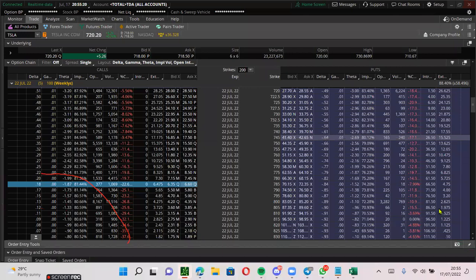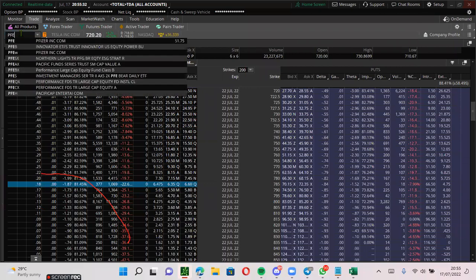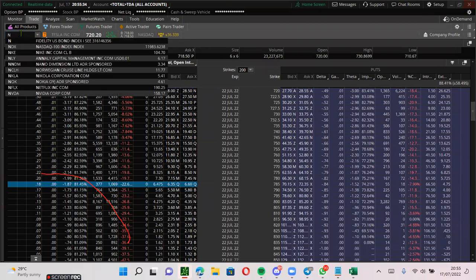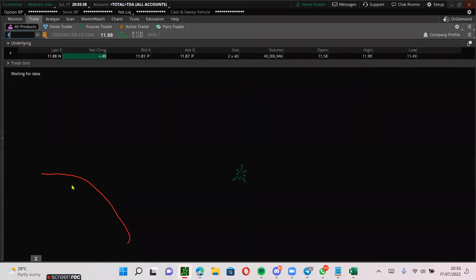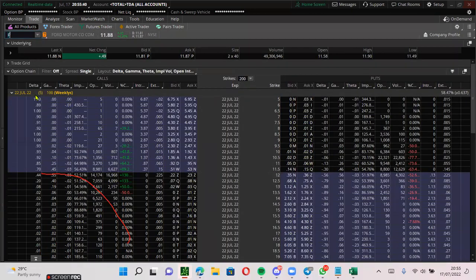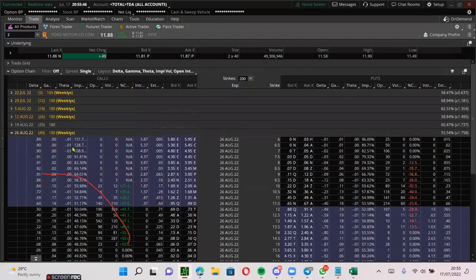Is there an equation like you cannot sell more than this much, say if I only have 25,000 bare minimum? If you have much less than that, what I suggest is, let's say you have Novavax or Pfizer or Ford. Just think about Ford. You can sell, let's say, the 26th August expiry.